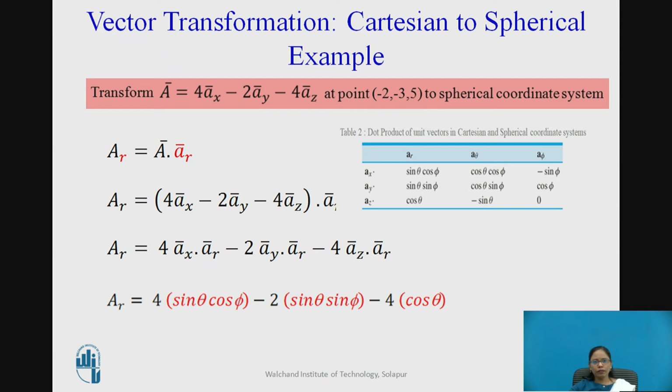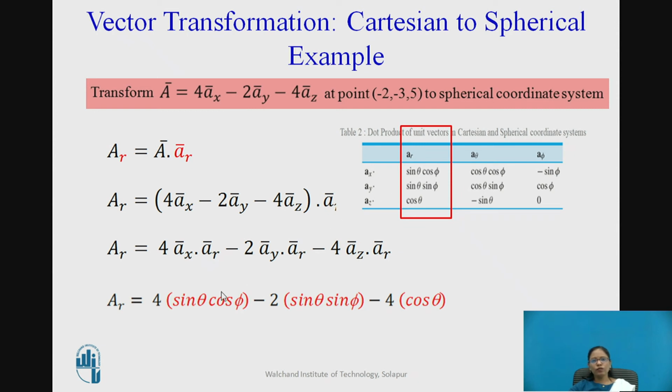So we'll follow the method which I explained just now. So I need to find out capital AR, capital A theta and capital A phi, which are the magnitudes along the respective unit vectors. So capital AR is A bar dot AR bar. So A bar is this vector, I'll put dot AR bar. So I'll take this dot product AX dot AR, AY dot AR and AZ dot AR from the table.